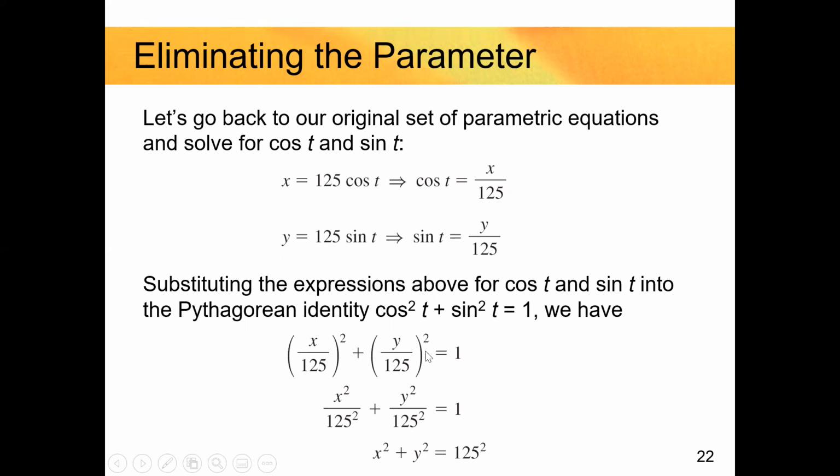Same thing here: you square that, you square that. You don't want to square 125, that's a big number. So what we do is multiply through by 125 squared. That cancels the denominators and leaves that on the side. For some reason, I was thinking, why would you divide by 125? But I was mixed up. That's okay.